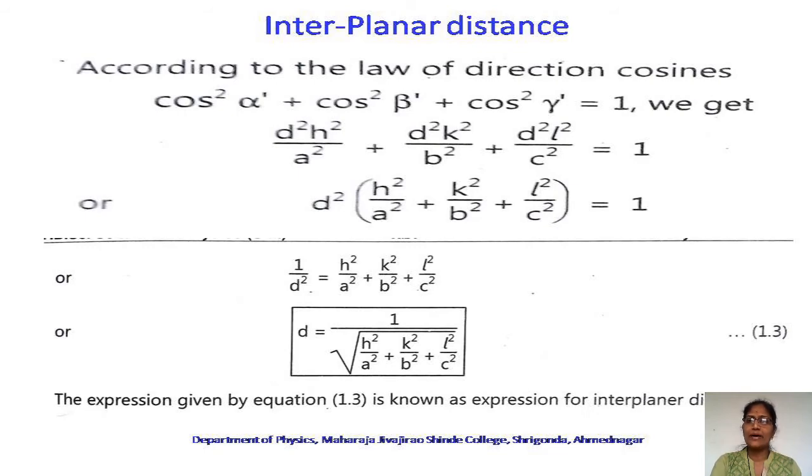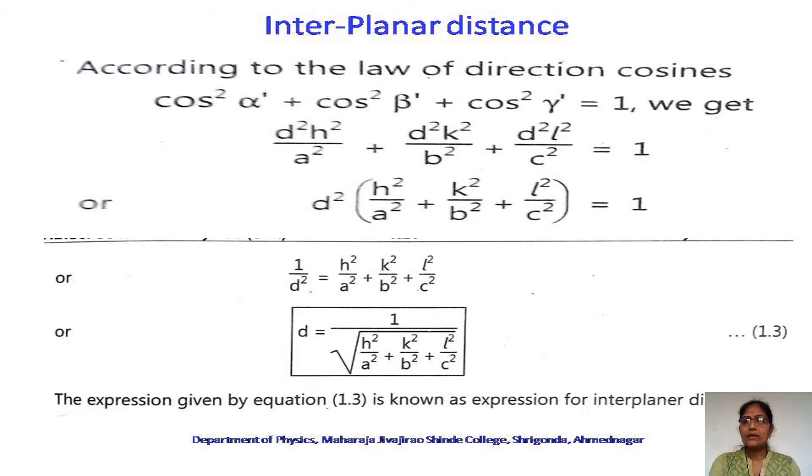We want to find the value of d. So, dividing 1 by d square, or taking d square to the RHS, it gives us h square upon a square plus k square upon b square plus l square upon c square is equal to 1 upon d square.